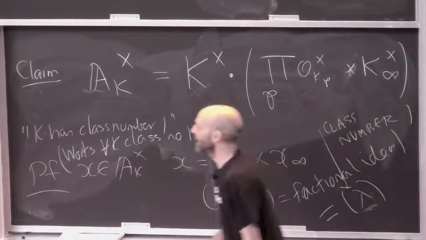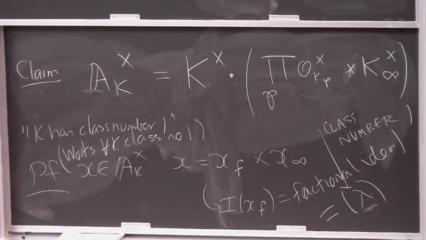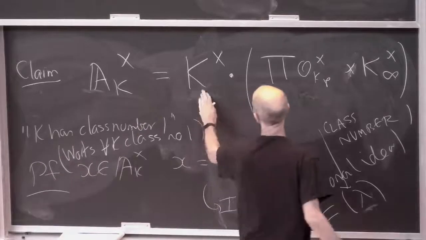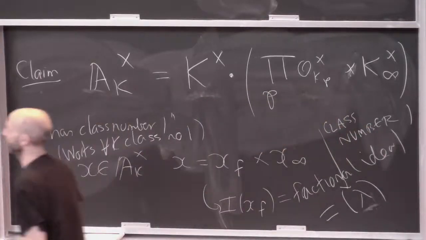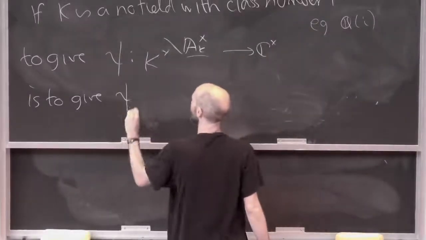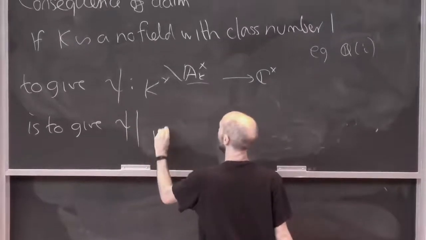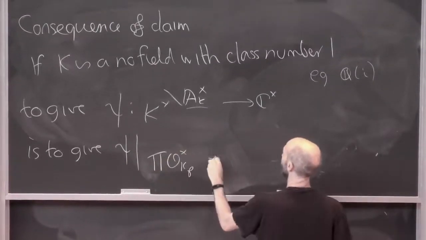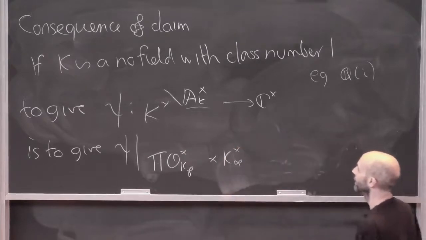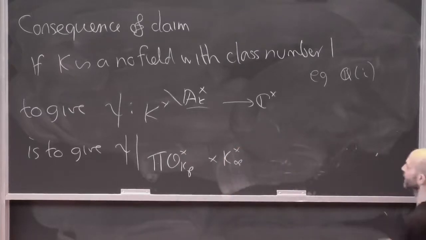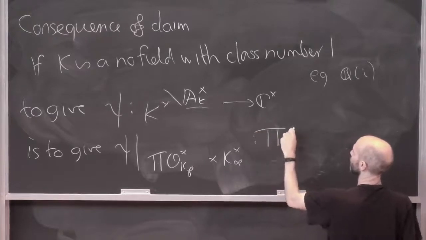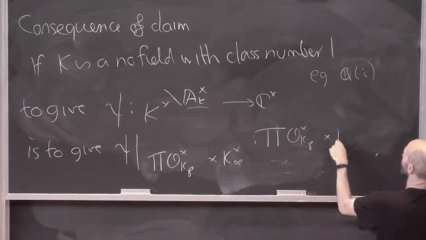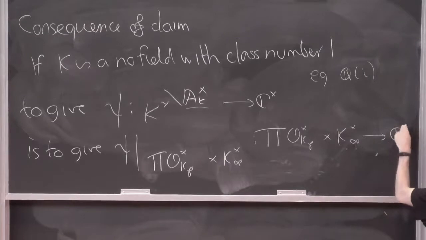So at the end of the day, to give psi from K star to A_K star to C star is to give psi on this, which is trivial. So all I have to do is give psi restricted to this thing here, the product of OKp star cross K infinity star, to C star.